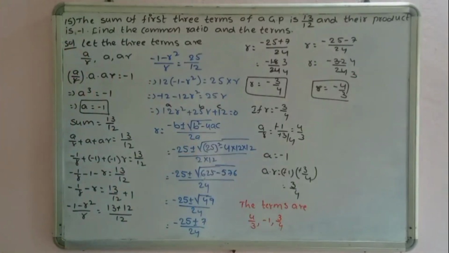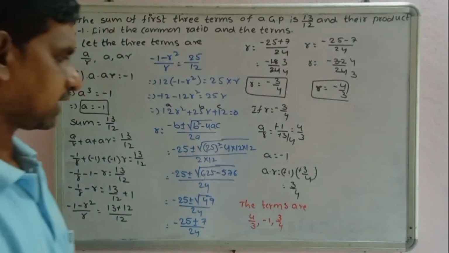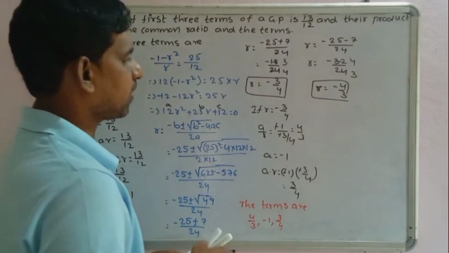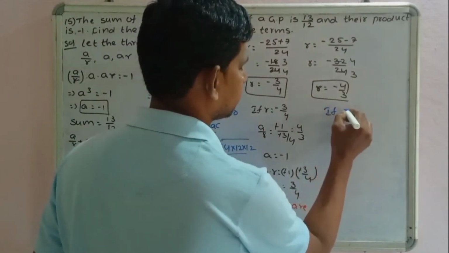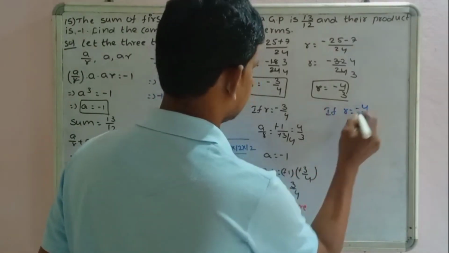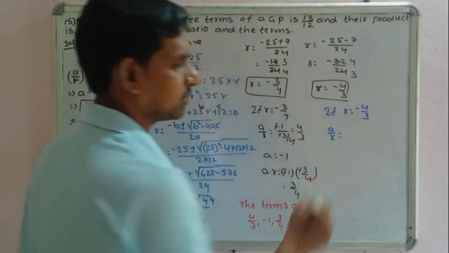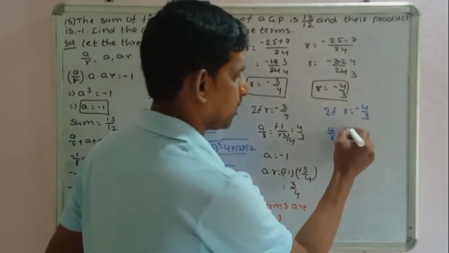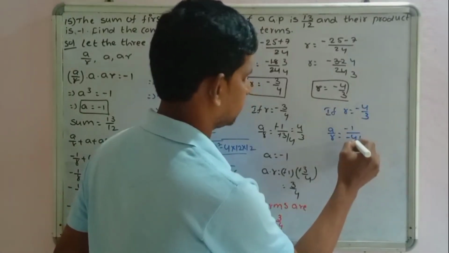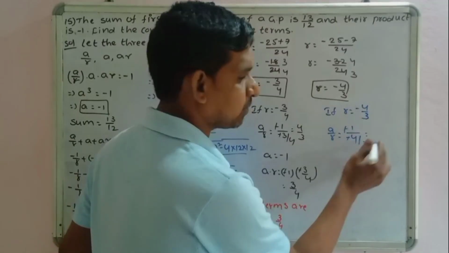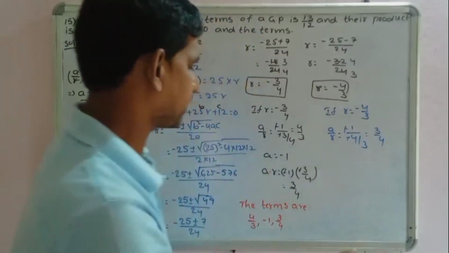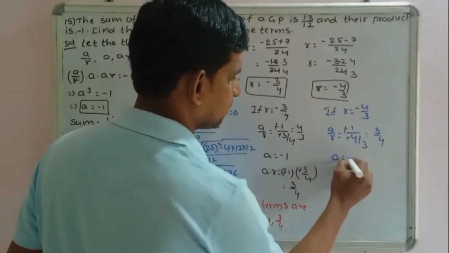In the second case, if r equals minus 4 by 3, see the first term, a by r. What is the value? Minus 1 by r value minus 4 by 3. So minus gets cancelled, 1 by 4 by 3 is 3 by 4. Next, a equals minus 1.